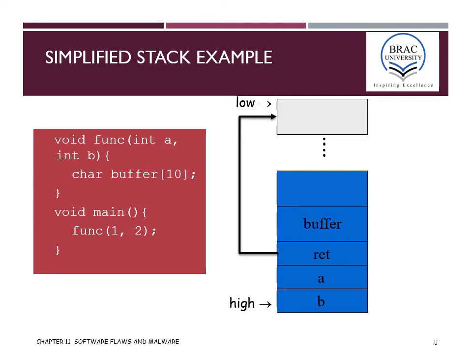In function 1 there are two integers a and b, that is 1 and 2. Then this function will return something, so that means it will come back here again, because there is a memory address there, so it will go to that memory address and again start executing. So this is the stack pointer. Everything is fine. So we have this return address here.